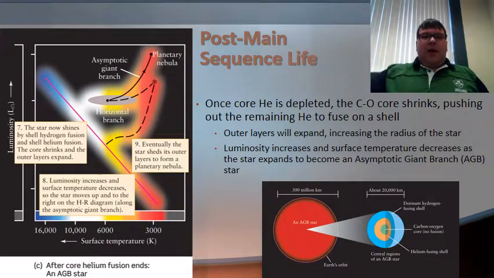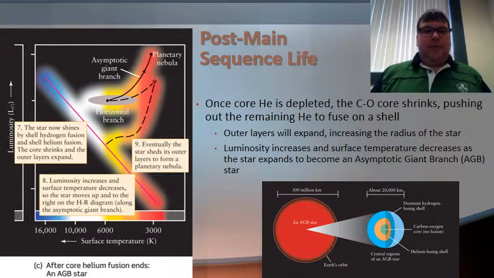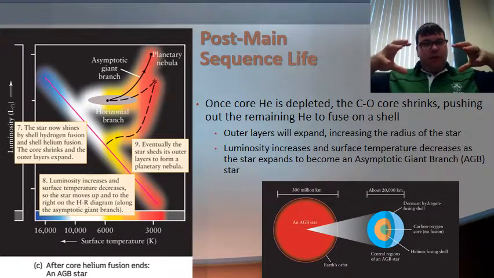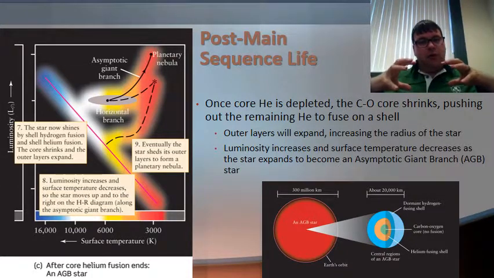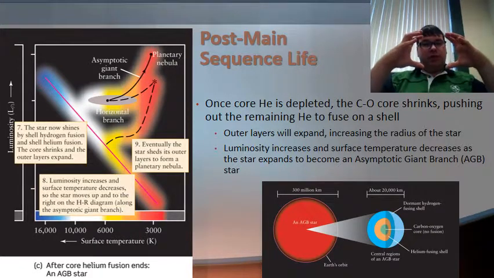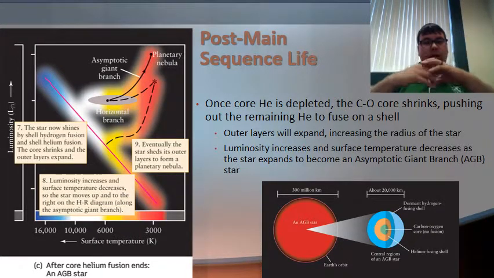Now, as this star has gotten to the point where a lot of its helium is being burnt out from the core, the heavier materials formed out of helium fusion, generally carbon and oxygen, will sink towards the core. Helium is pushed into a fusion shell around the core.